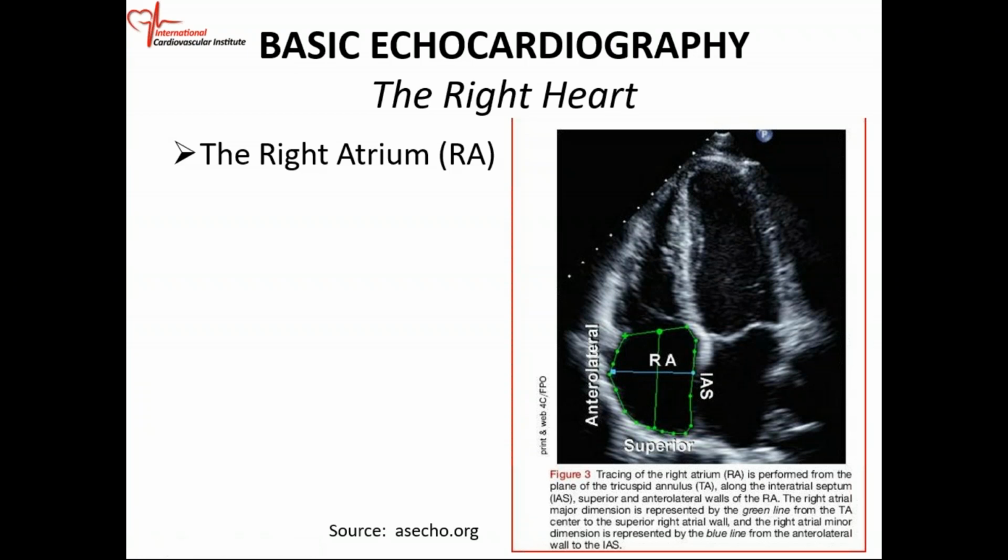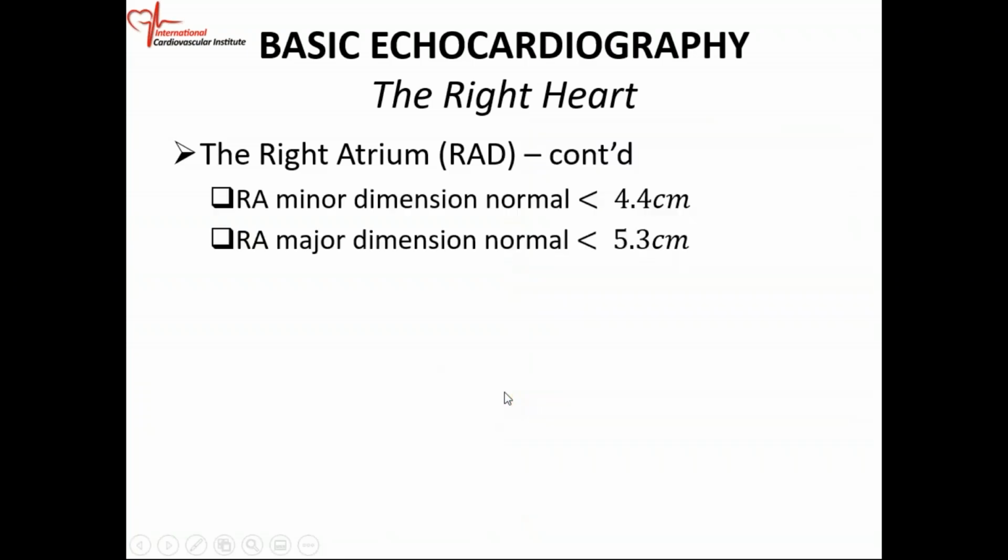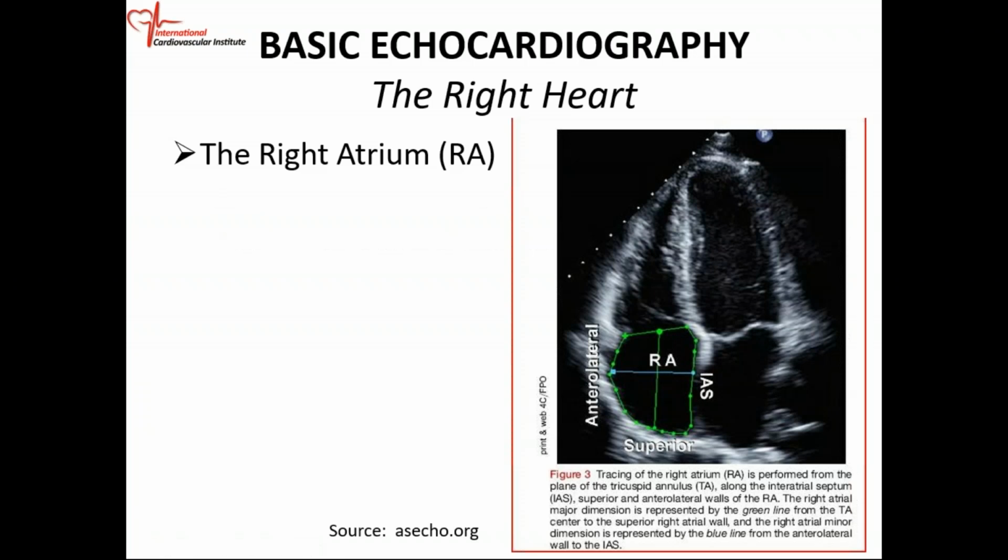And again, I'm going to stress it should be done in all studies, because if the atrium is enlarged, we have to come up with some type of explanation why it is. Okay, so we have the major and minor dimension. I wouldn't worry too much about it. You need to know the major dimension, minor dimension.